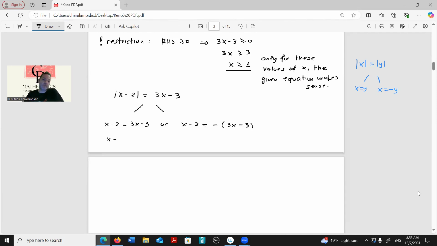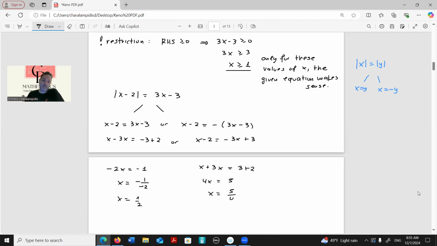So x minus 3x is minus 3 plus 2, which means that negative 2x is equal to negative 1, which means that x is equal to minus 1 over negative 2, x is equal to 1 half, or x minus 2 is minus 3x plus 3, x plus 3x is 3 plus 2, 4x is 5, x equals 5 over 4. Should I accept them both?